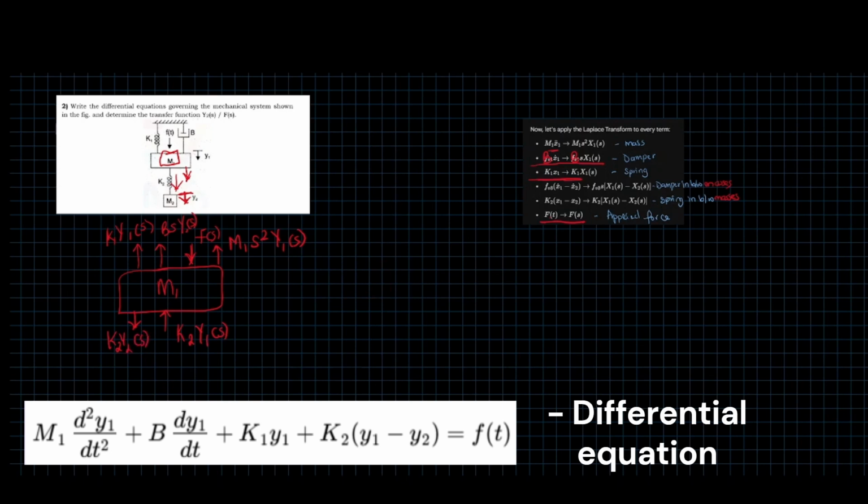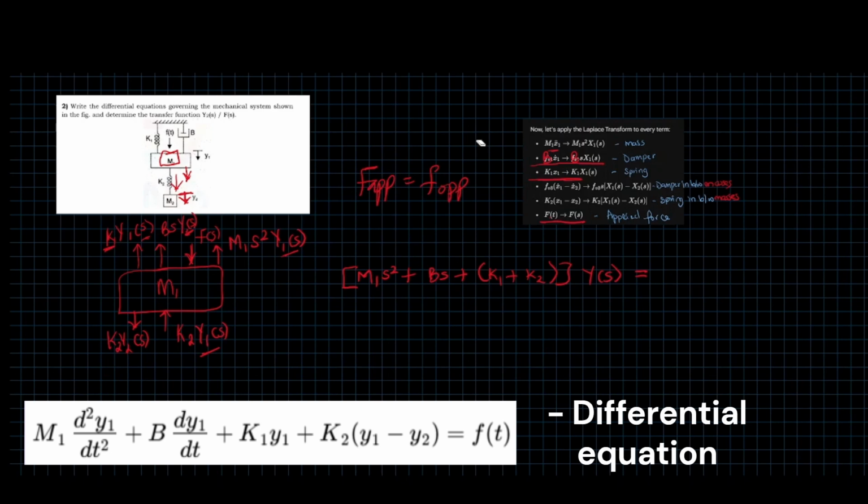You have to write the equation: get everything that has Y1(S) and group them, so it will become M1 S squared plus B S plus, in this case, K1 plus K2. It's just familiar to group them. All of them are under Y1(S) equals, because the sum of applied forces is equal to the sum of opposing forces. So everyone that's in this direction is in one group, and the others in this direction are the opposing forces.